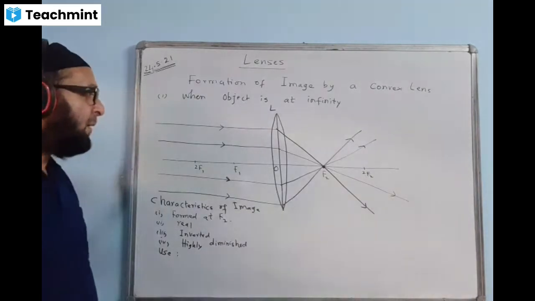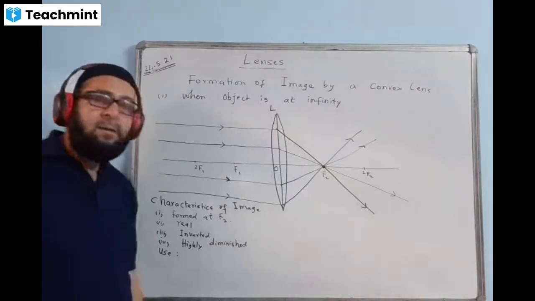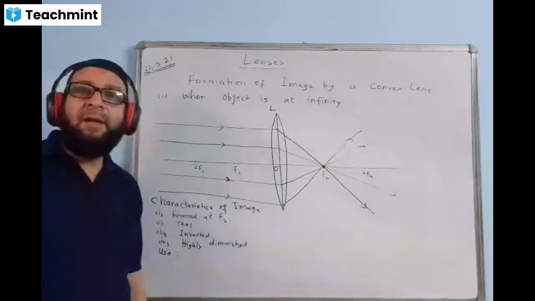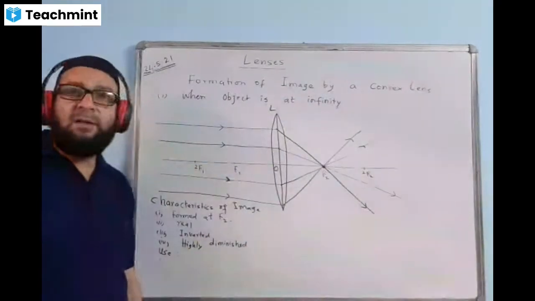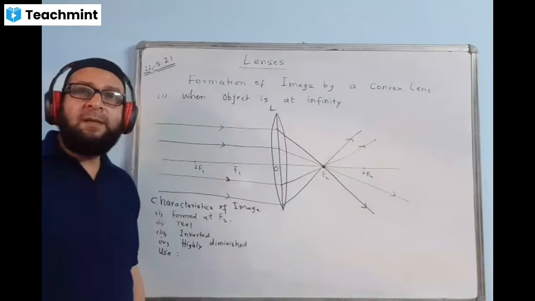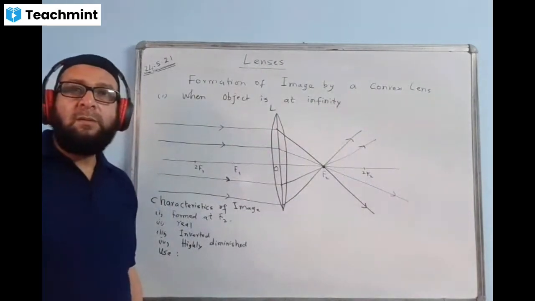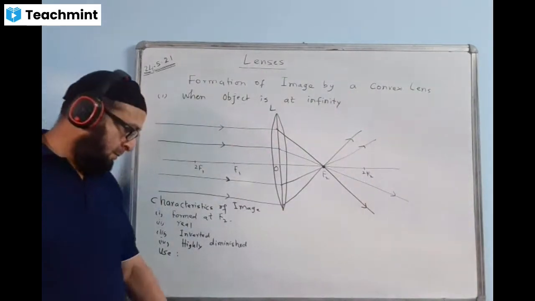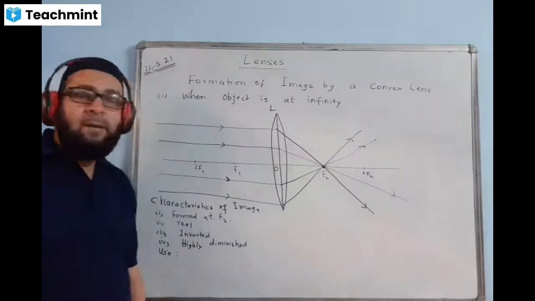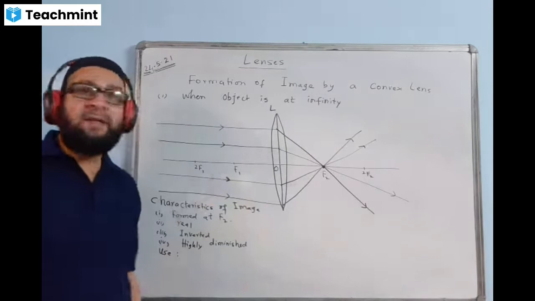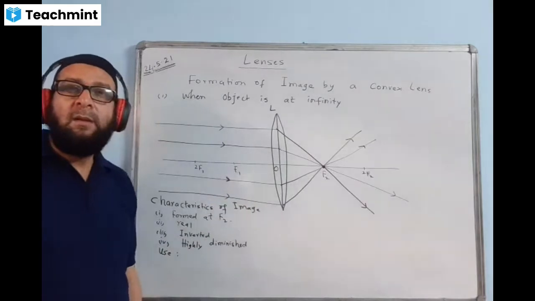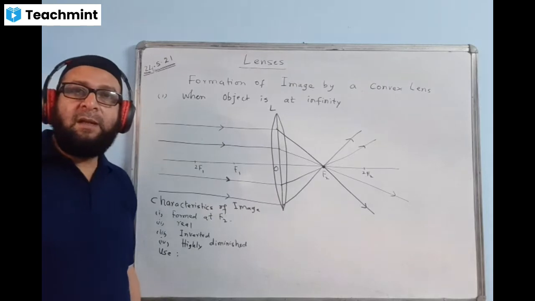Okay, now I give an example. This action of convex lens is used in burning glass.